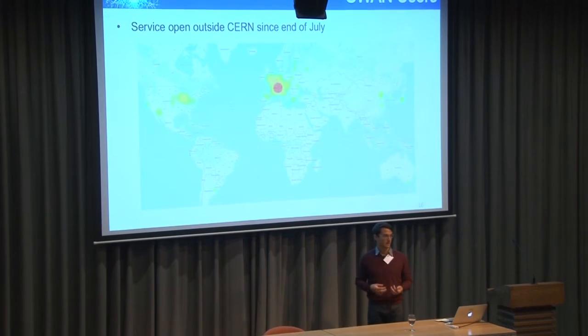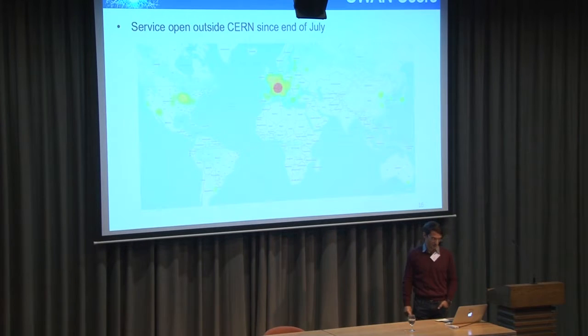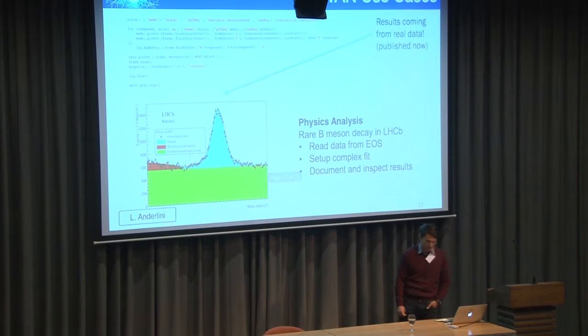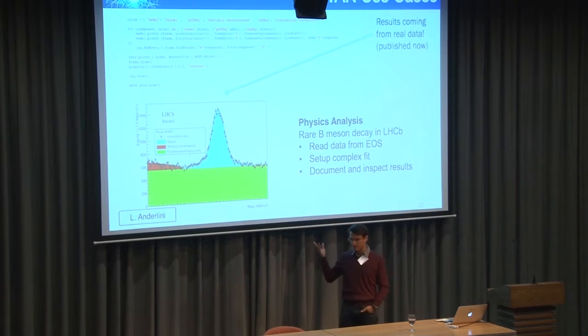But now we are also starting to see people coming from other physics labs in other parts of the world: the United States, South America, also Japan, and even in Australia we saw some people connecting. So we are expanding our user base.